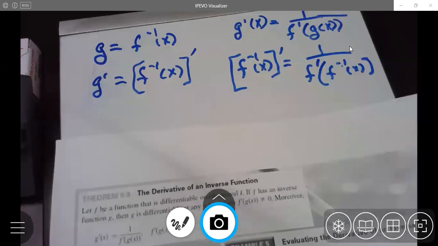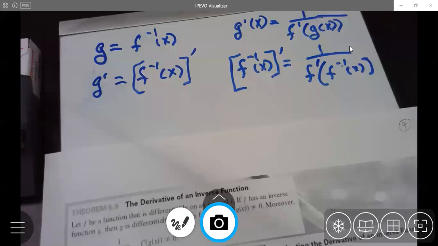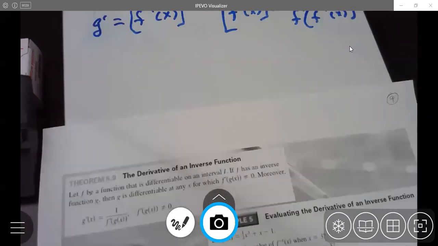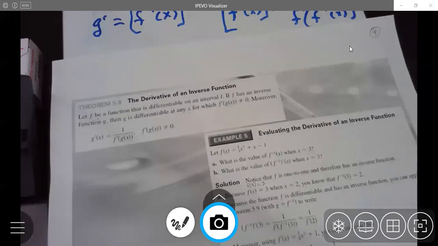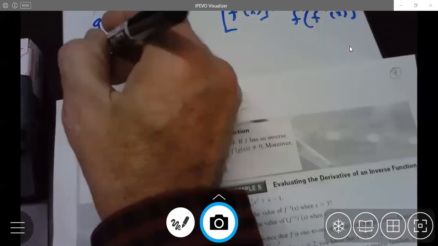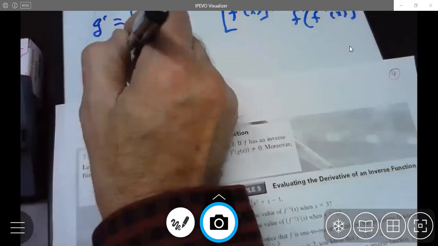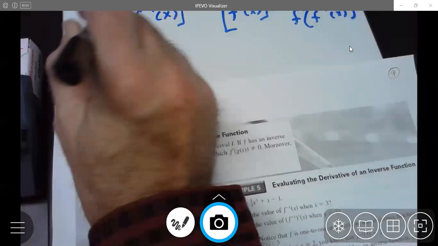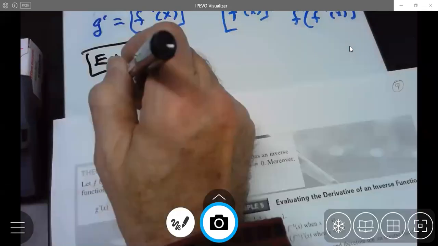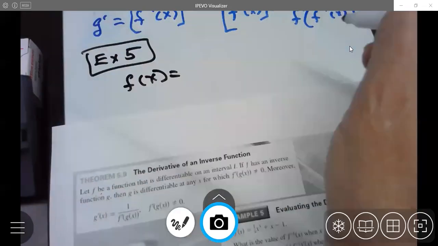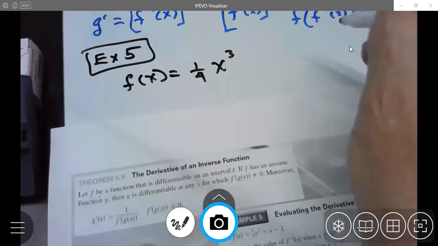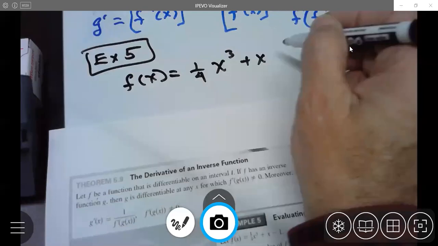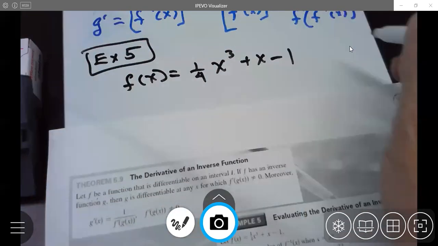All right, so let's take a look at this problem here, example 5. And I would recommend that you go back over this example and look at it again later. Here we're saying let f of x equal 1/4 x cubed plus x minus 1.